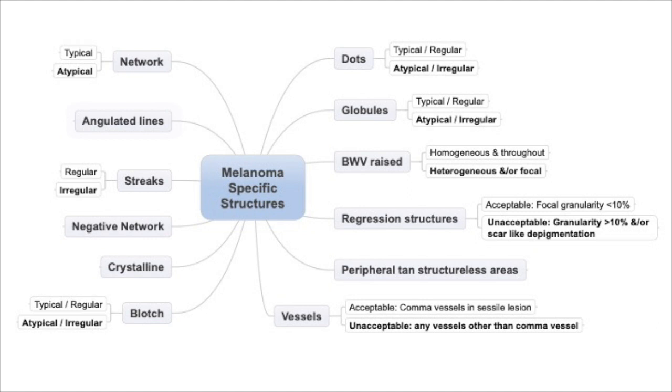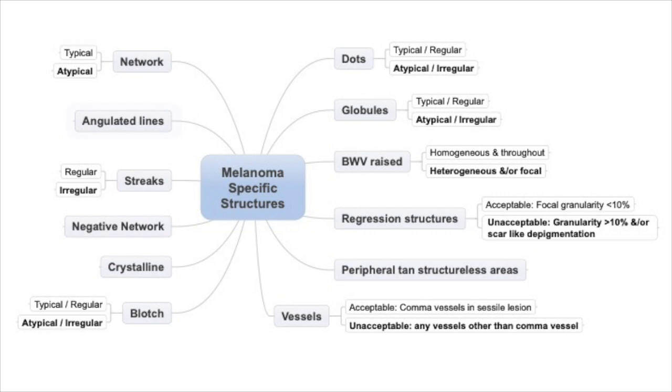Now, if you notice, in these structures, there are some that have a break-off into typical, atypical, regular, irregular, and others that don't. They just have one box. The reason for that is that if there is only one box, you basically have to biopsy, okay?